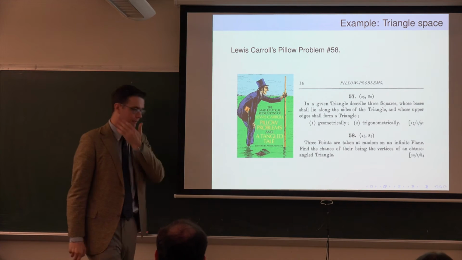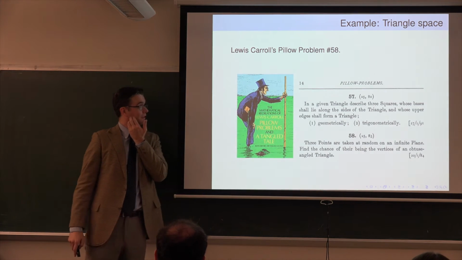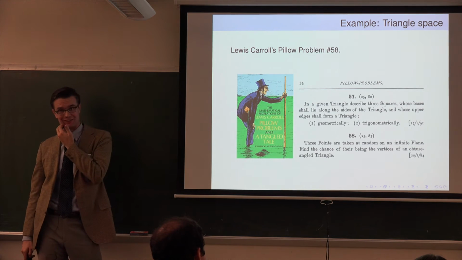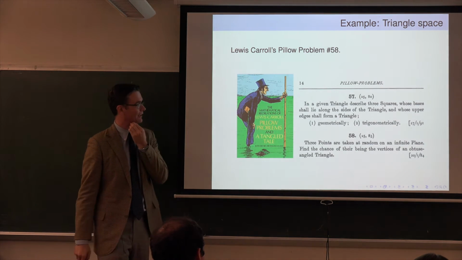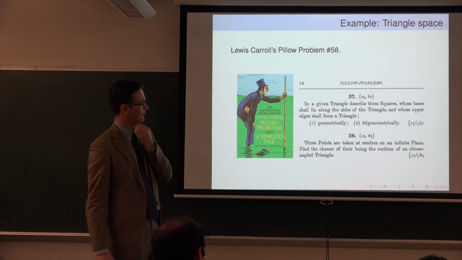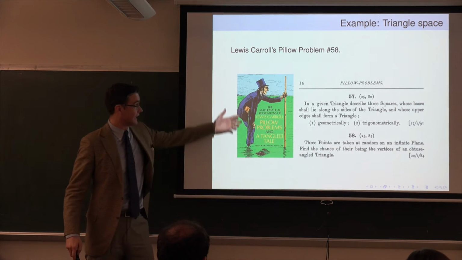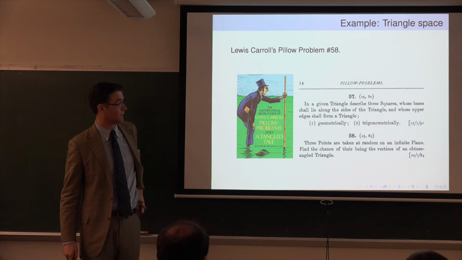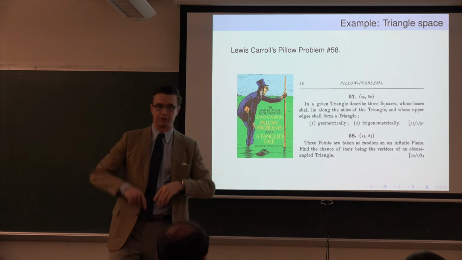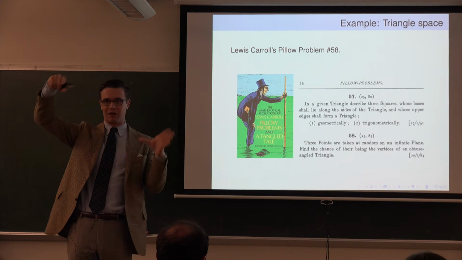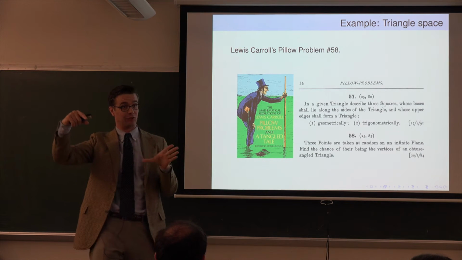All right. So here's an application of this gigantic theory to an old and kind of nice elementary problem. If you look at pillow problem number 58 from Lewis Carroll's book of pillow problems, he asks, okay, you take 3 points on the plane, what's the likelihood the triangle that they form is obtuse?